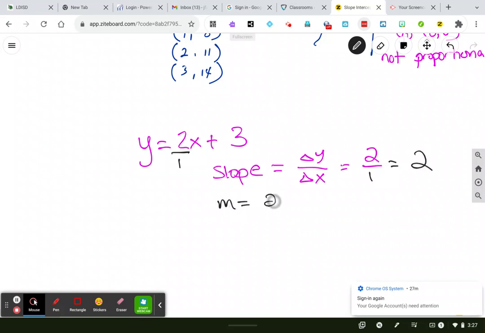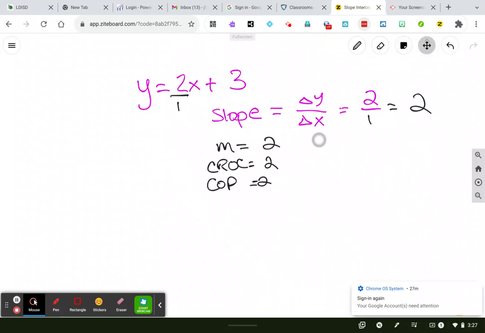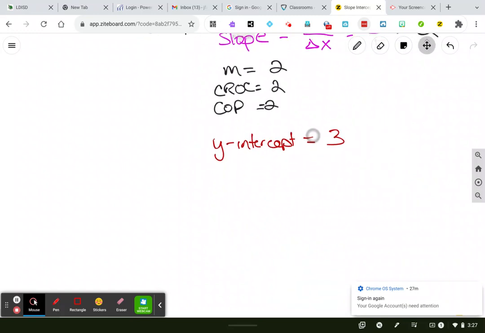Your m is 2. Your constant rate of change is 2. Your constant of proportionality is 2. Everything is 2. Your y-intercept is 3. That's how simple it is.